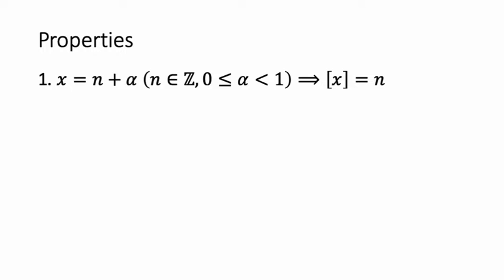This property might seem very easy, but it is actually very critical in the questions that follow. Our second property is that the function of x will be between x minus 1 and x. This seems quite intuitive, but again, it will play an important role in our third question.